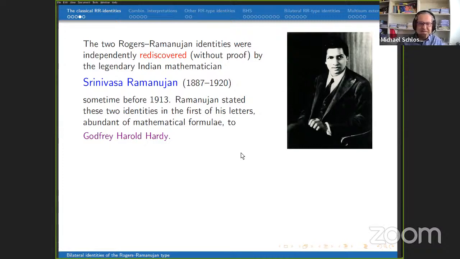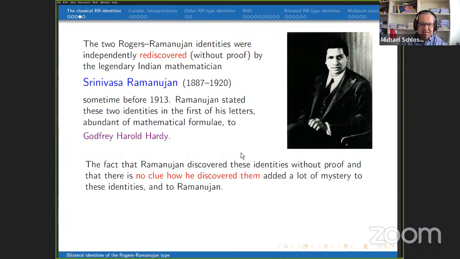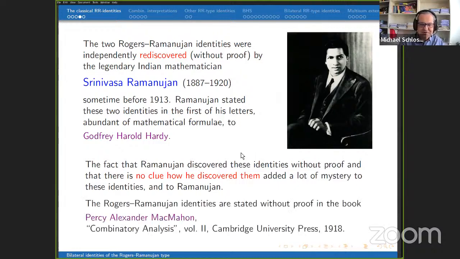Hardy was impressed, amazed. And Ramanujan was not able to provide proper proofs of these identities in the beginning. And that added a lot of the mystery to these identities, and also to the phenomenon of the mathematician Ramanujan.